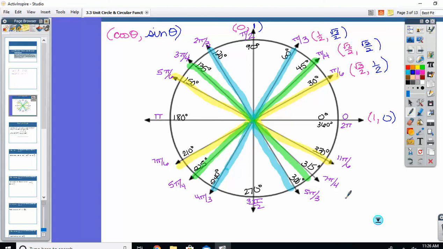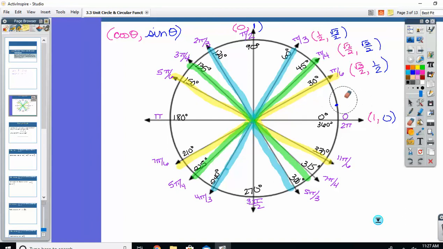Okay, it's just like plotting any other ordered pair. Now, these are not the only points on this circle. They're the only ones we memorize, but I could pick any point on here. And if I gave you just a random ordered pair there, the x of that ordered pair would represent cosine, and the y of that ordered pair would represent sine. Okay, so these aren't the only points. They're just the only ones we're looking at right now.